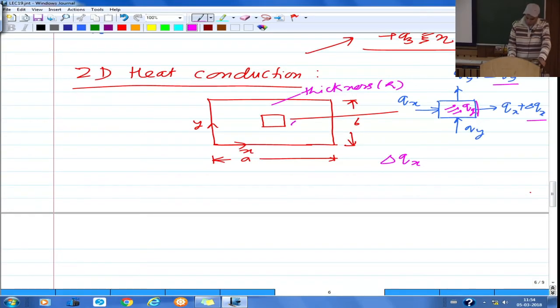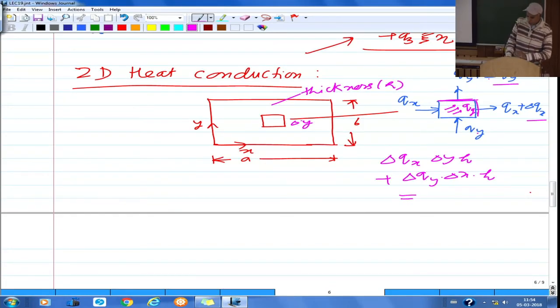If this length is delta y, then the area is delta y into h. Minus what is entering, this term gets cancelled, plus the heat leaving from this side, which is delta Qy, and this area is delta x into h. So this is the net heat which is leaving out from this element.